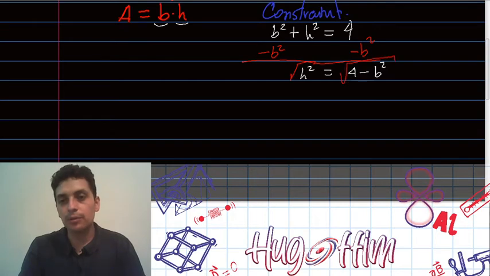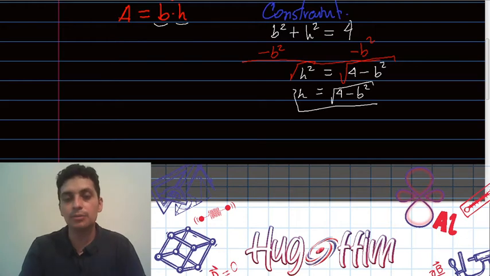We're going to use just positive roots because those are lengths, and lengths cannot be negative. And we have the height in terms of the base.